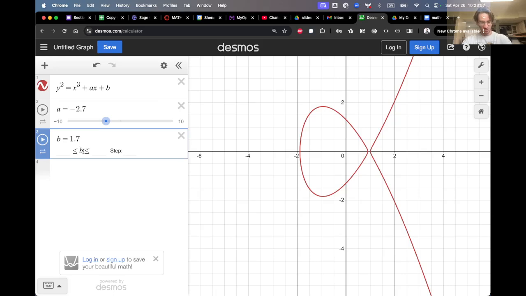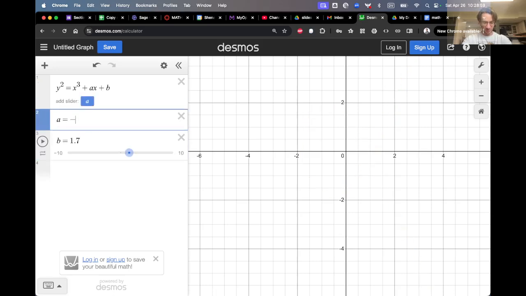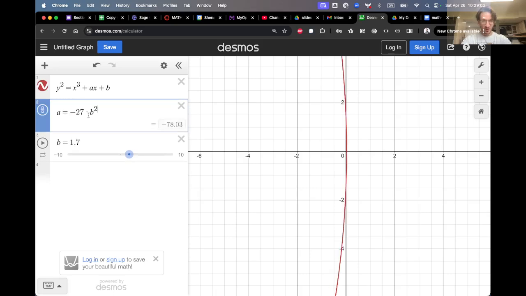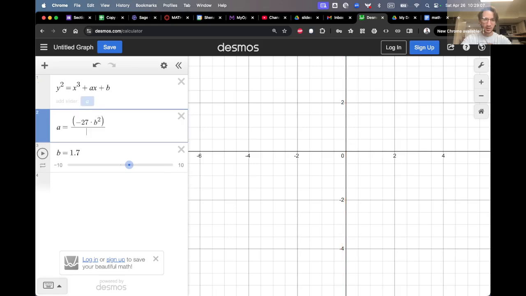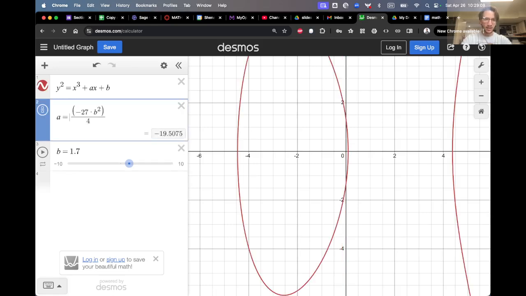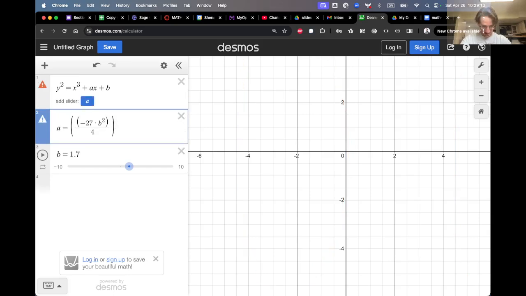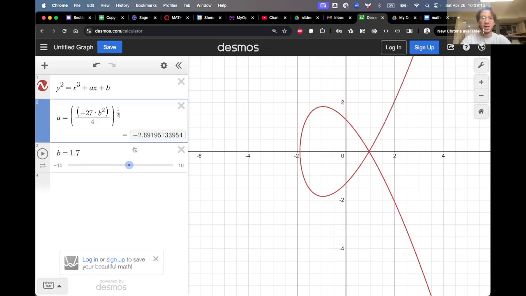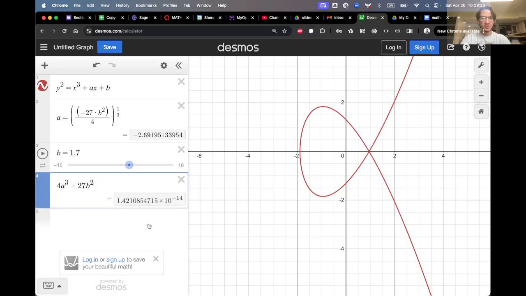I would get a cubed equals minus 27 times b squared over 4, and then take all of that to the 1/3. Now it's a guarantee that 4a cubed plus 27b squared is equal to 0.